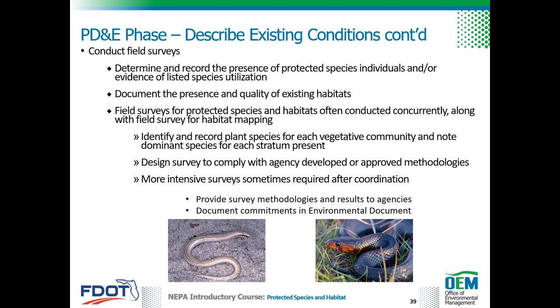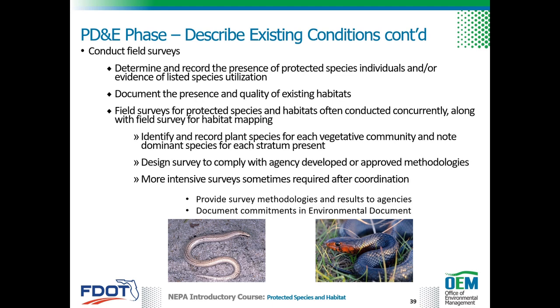Survey design should consider appropriate time of day and season of the year for species identification, as well as species, habitat quality, and current site conditions, including, but not limited to, recent and long-term fire and hydrologic history, recent and current climatic events and weather conditions, soil topography, and vegetative health, or disturbances, noise levels, and typical human usage. Some listed species have agency-developed or approved survey methodologies, such as the Florida sand skink and eastern indigo snake.